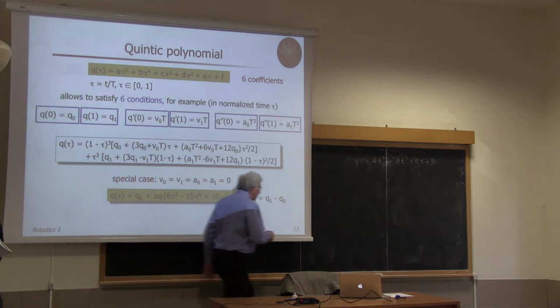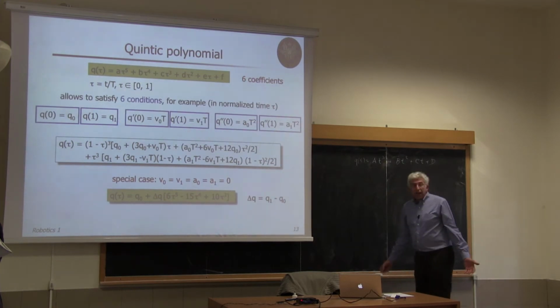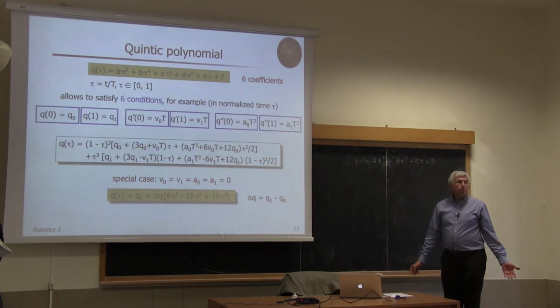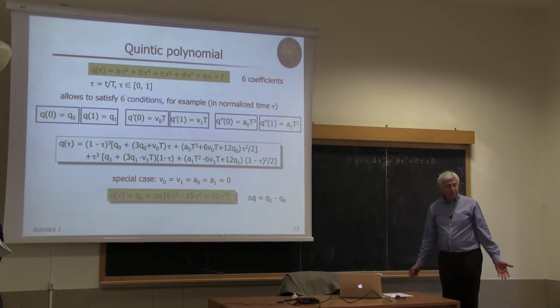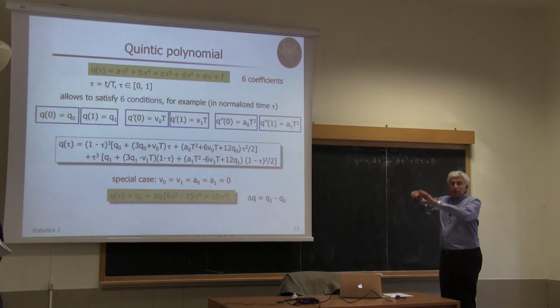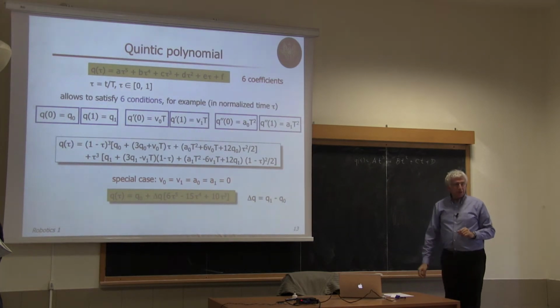In fact, if I should write it in general, and I'm saying I want to define a quintic polynomial, so of degree 5, and I want to interpolate conditions at some initial point and some final point only.